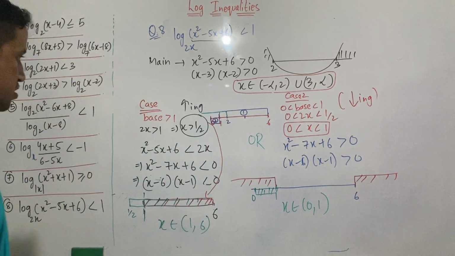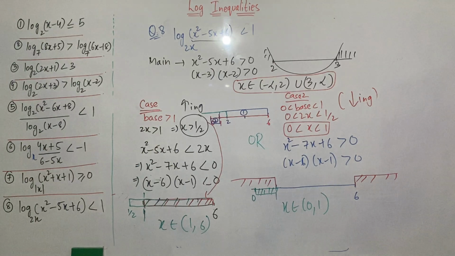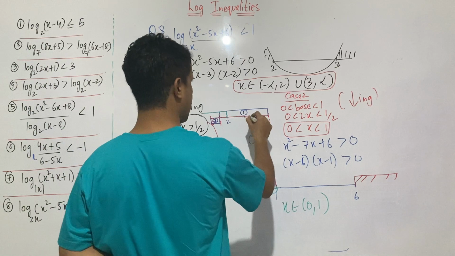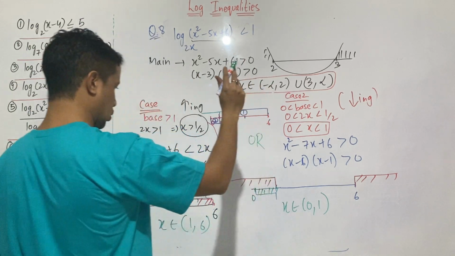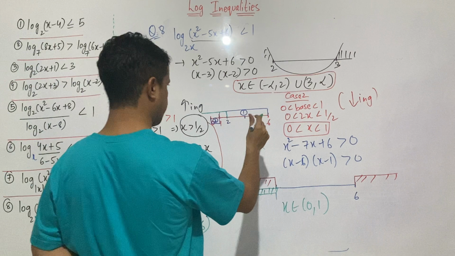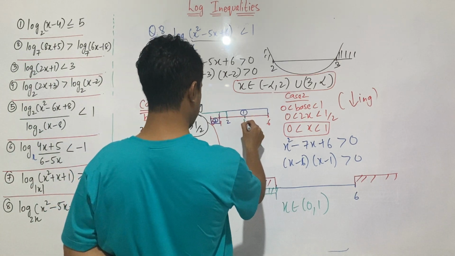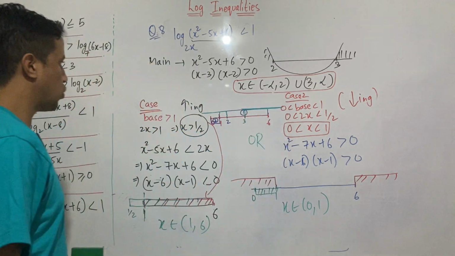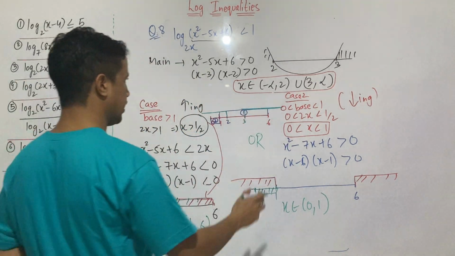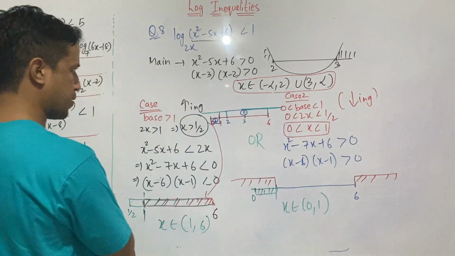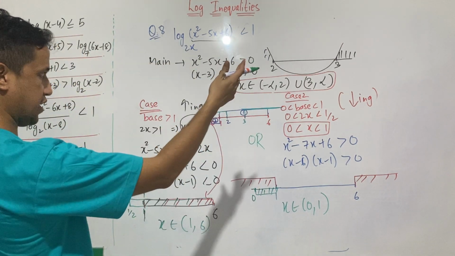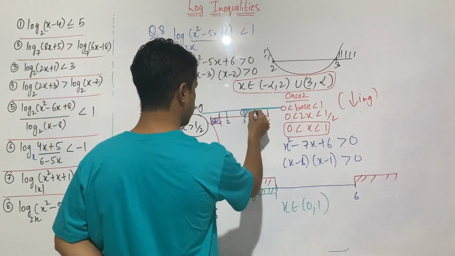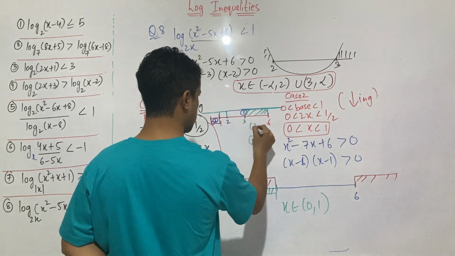And union 3 to infinity. Where is 3? This is 3. 3 to infinity means this. So what's going to be the common area? This is 3 to infinity, and the common area here is 3 to 6.